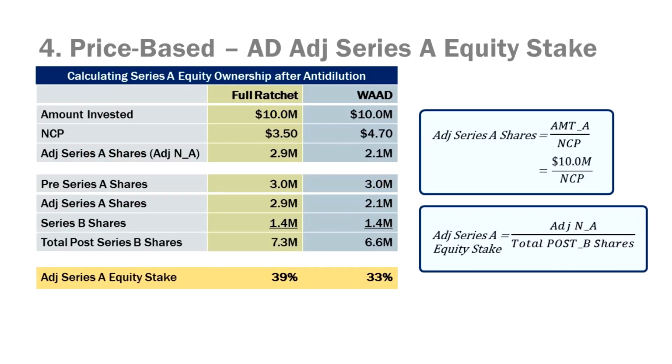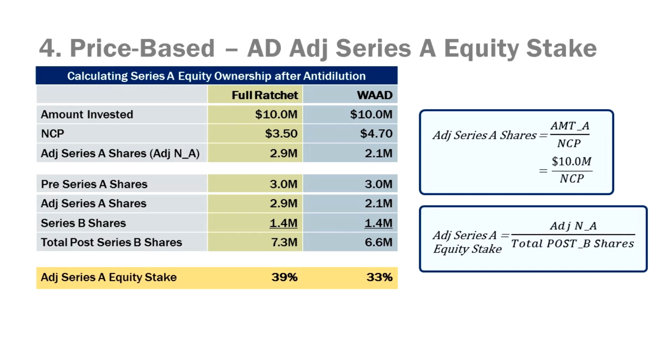Because the conversion price is higher under weighted average than full ratchet, the Series A investors will receive fewer shares, 2.1 million, after adjusting for anti-dilution. The 2.1 million shares is found by dividing the original $10 million investment by the new conversion price of $4.70 per share.